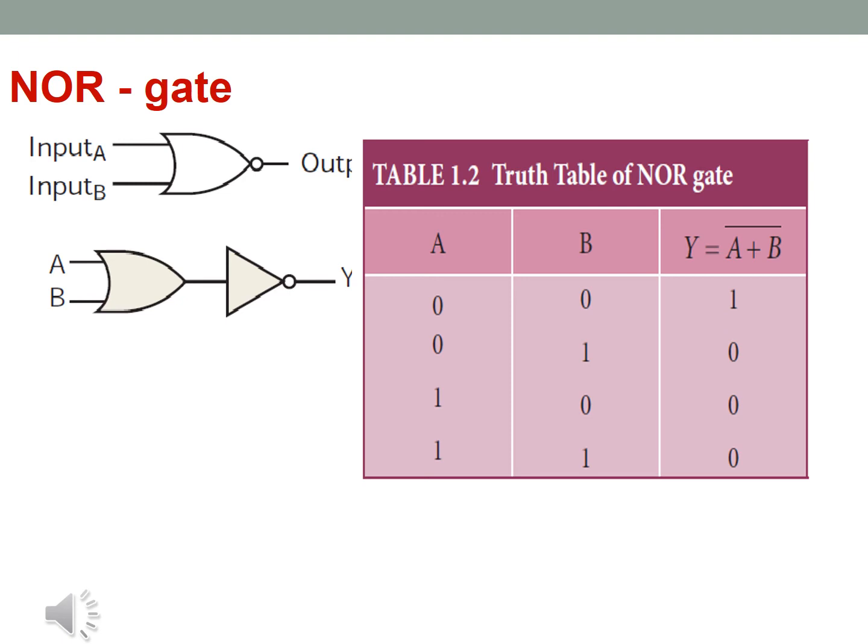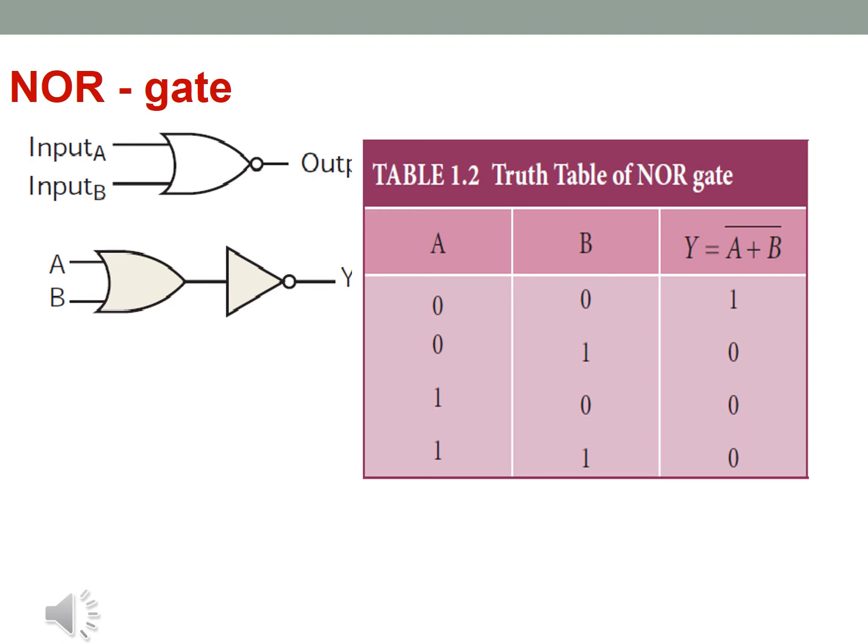So see here, the NOR gate is going to provide the complement of OR, which means A plus B the whole bar.